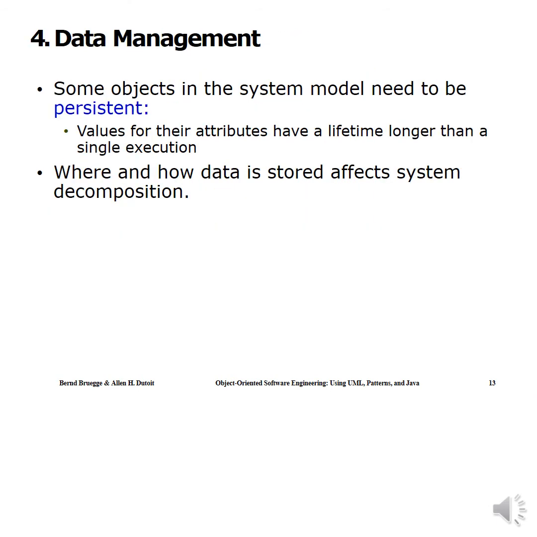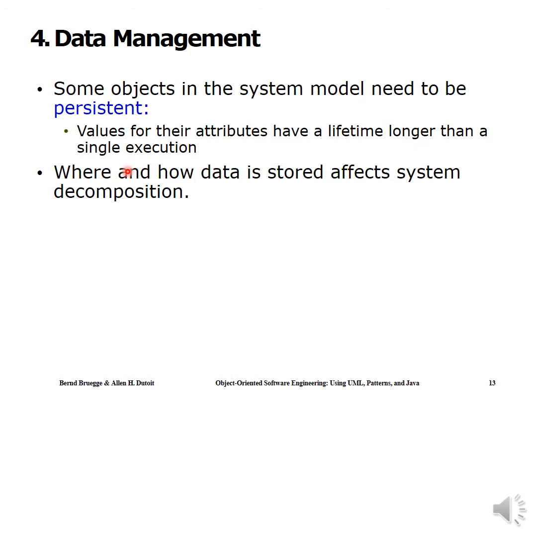So next is data management. Some objects in the system model need to be persistent, and persistent data is data whose attribute values have a long lifetime, longer than a single execution.